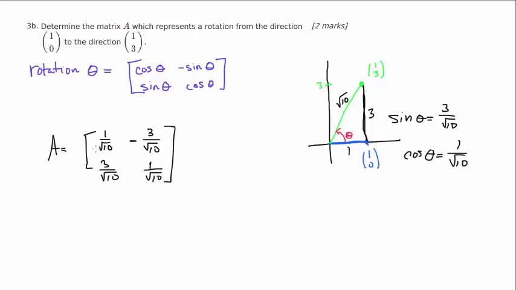So there's my matrix A, which represents this rotation. This is the way I've thought about it: we've rotated, it makes a right triangle, and for pretty much all of these you can work out a right triangle and the ratio of opposite over hypotenuse or adjacent over hypotenuse to come up with your values for sine and cosine.